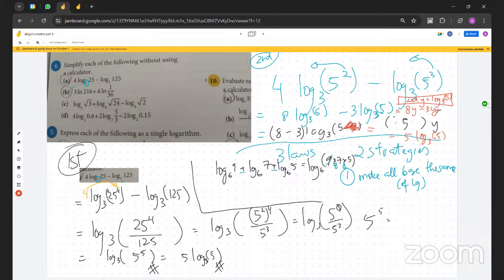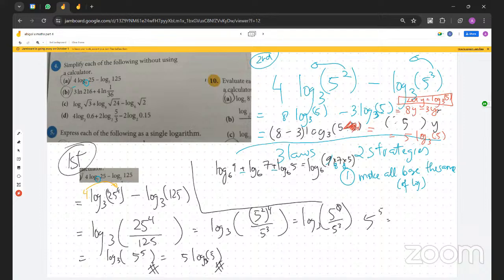Yes, no, or don't know? No, it is not to your advantage because the base is already the same. If the base is different, let's consider base change. The purpose of the base change law is usually to make the bases the same. So the bases are the same right now, so let's not consider the base change law here.